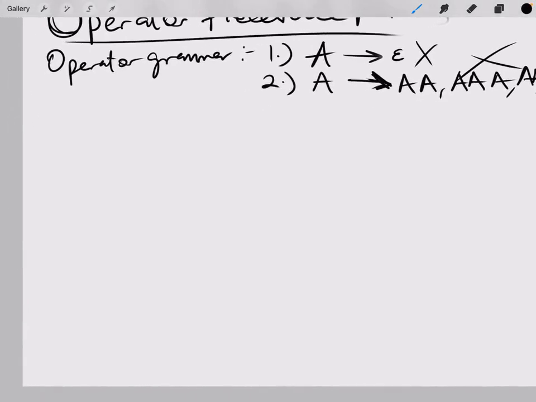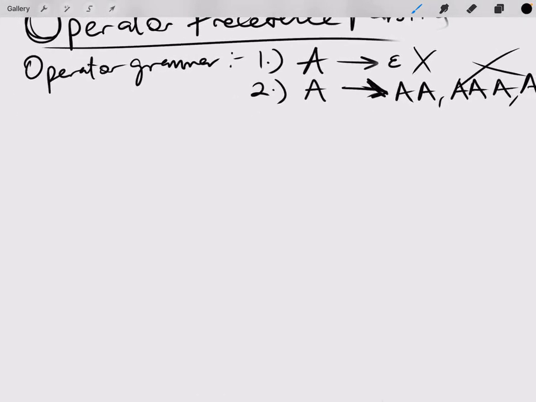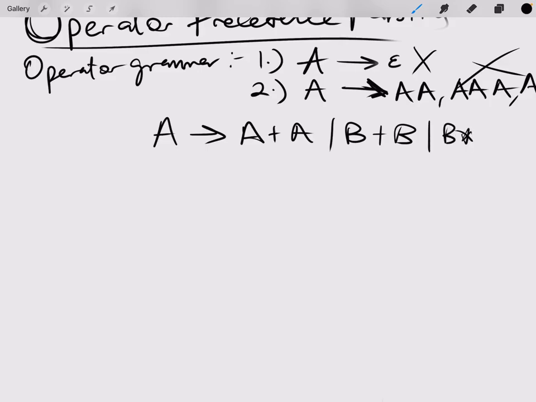What does an operator grammar look like? An operator grammar will simply have things like this: maybe A plus A, B plus B, B star B, or even minus A. That works.